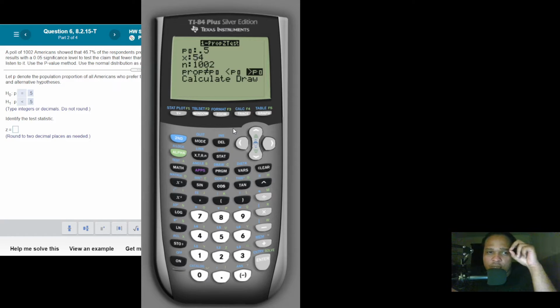So we have to figure out what is 46.7% of the 1002. So let's change it to a decimal by moving 2 places to your left. 0.467. We're going to multiply by our sample size, which is 1002, and enter. We get 467. Let's round up to 468.